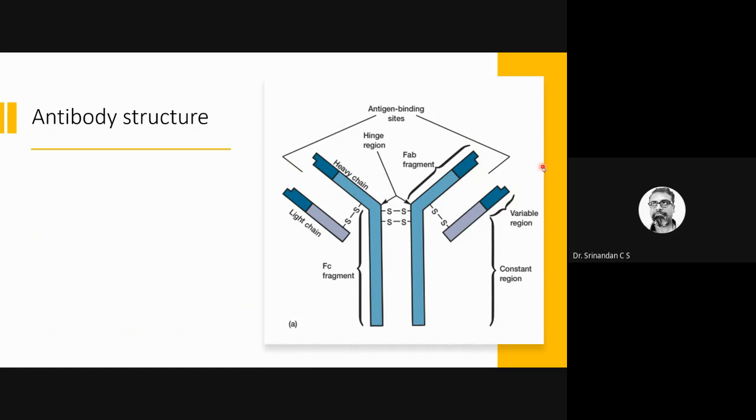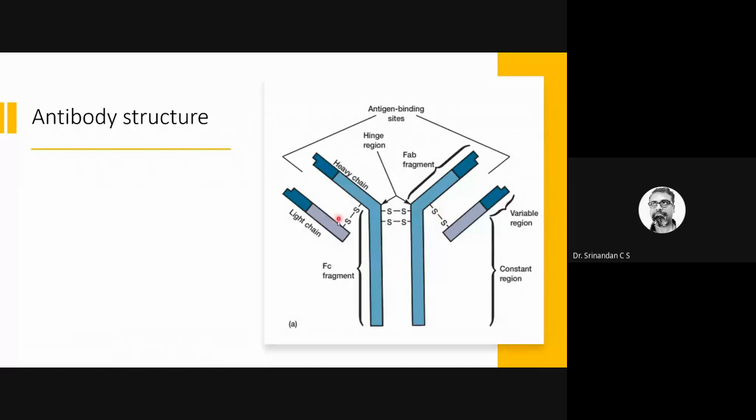It will vary according to the pathogen, and from this line onwards, the light color is the constant region. These are again amino acid polypeptides, and these are proteins. So you can see they are bound by disulfide bridges.